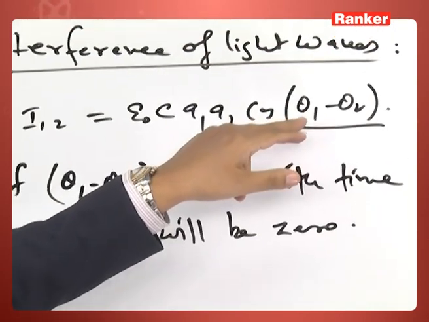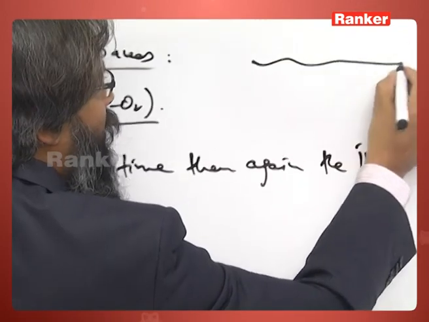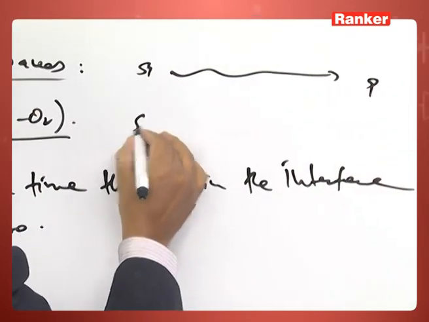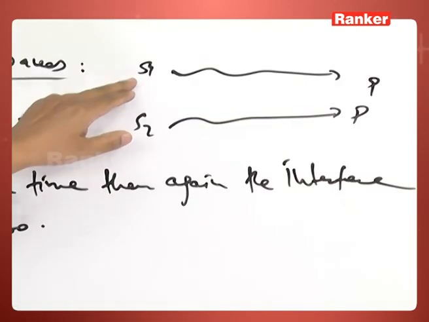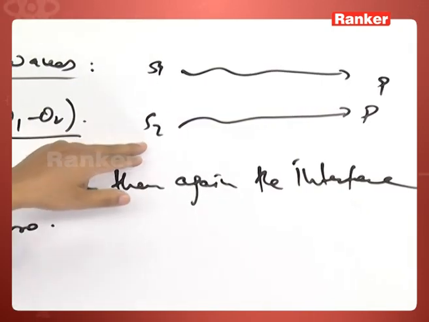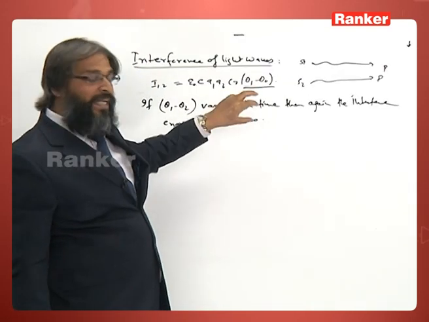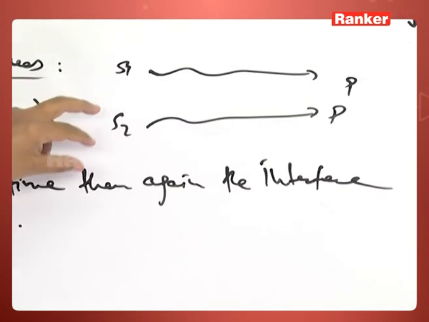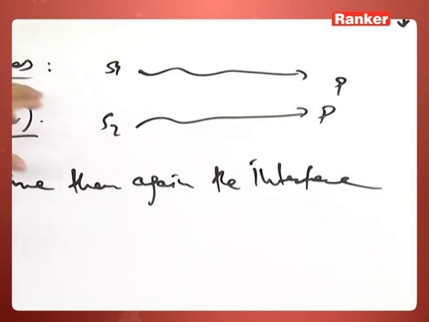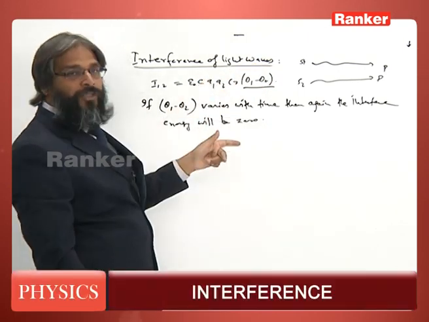Theta 1 is the phase of the first wave S1. S1 was arriving here and the S2 wave was arriving here. So theta 1 was the initial phase of S1 and theta 2 is the initial phase of S2. Now if theta 1 minus theta 2 is time dependent, that means some phase difference may be there initially, but that difference is not maintained. That means they are not coherent sources.